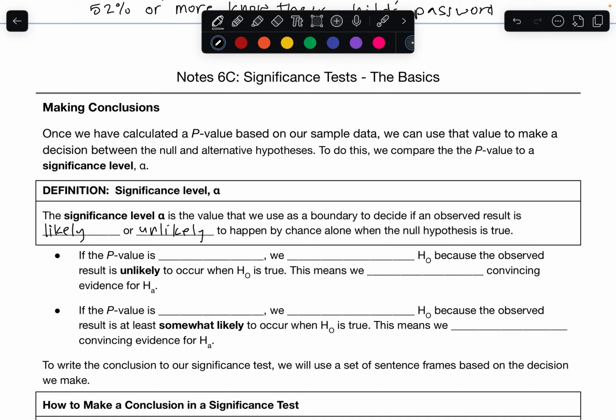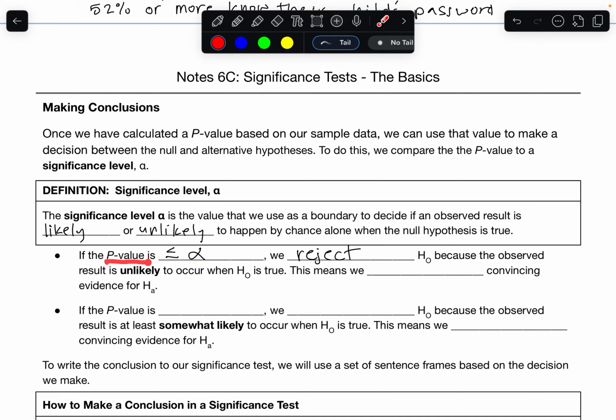If the p-value is less than or equal to our level of significance, we reject the null, because that means the probability that I get my sample, assuming that the null is true, is unlikely. Because this is the boundary I've set, if I'm more extreme than this, that null is likely not true.